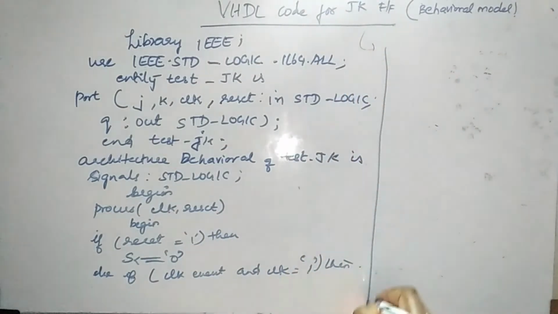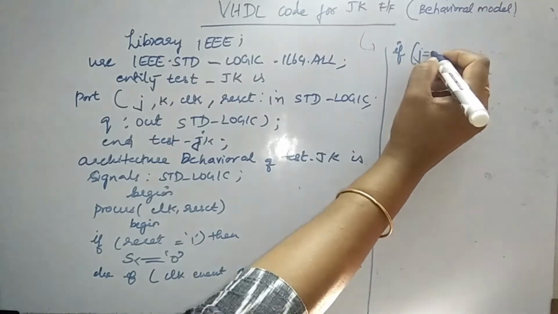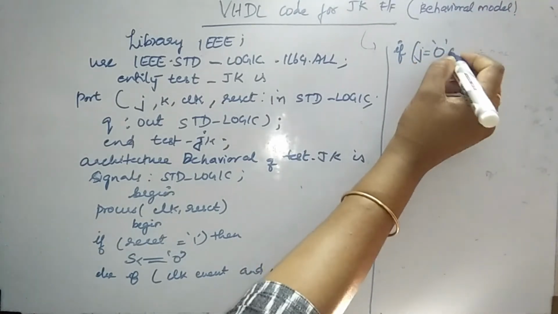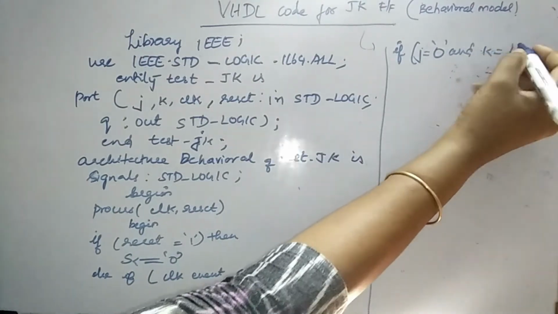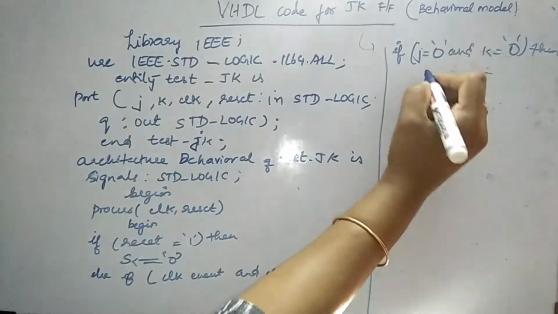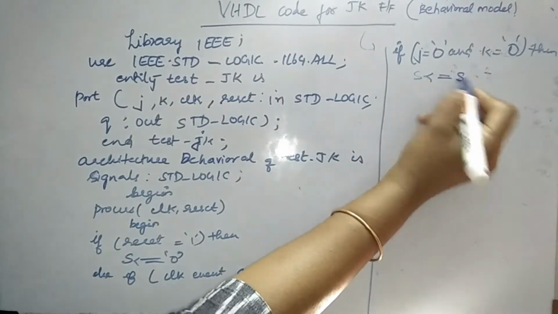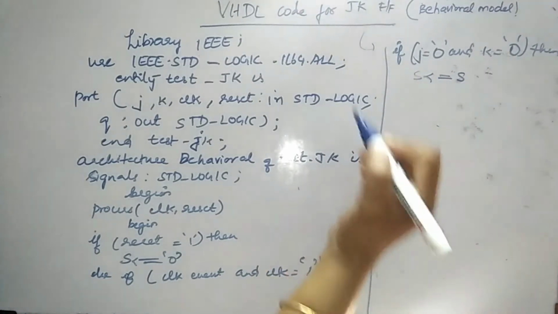Let us begin the process. I shall write our conditions over here. If J is equal to 0 and K is equal to 0, this is our first case, then our output is assigned the present state. Our output is equal to the present state.